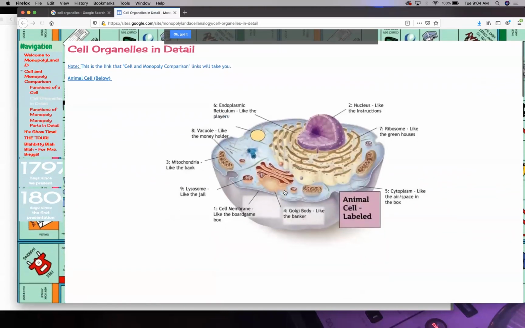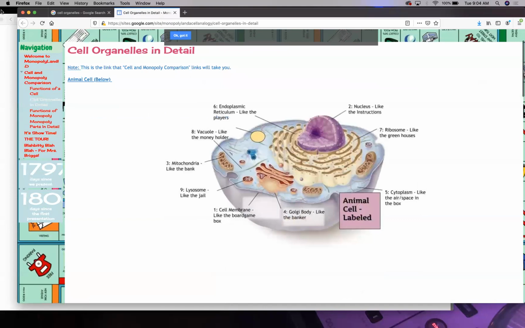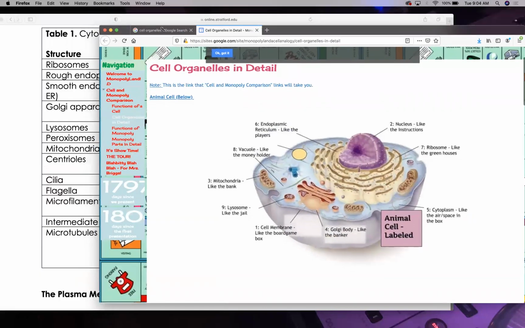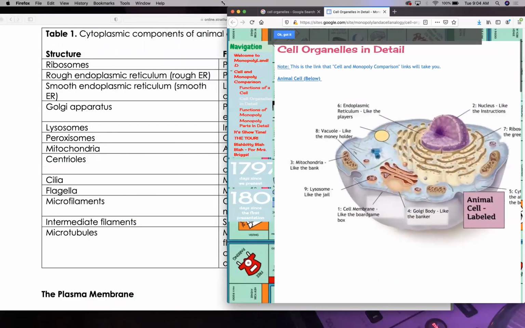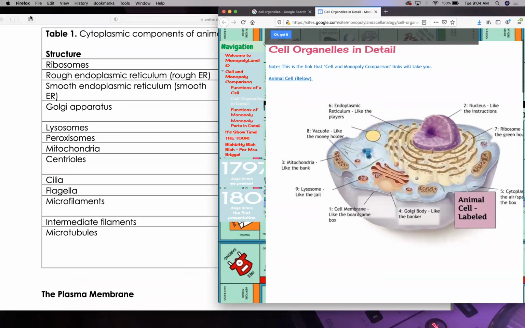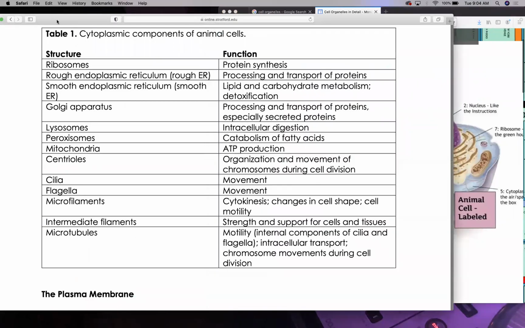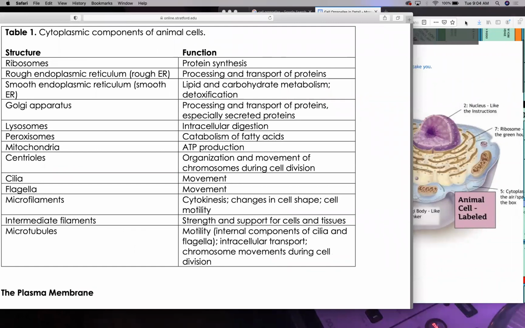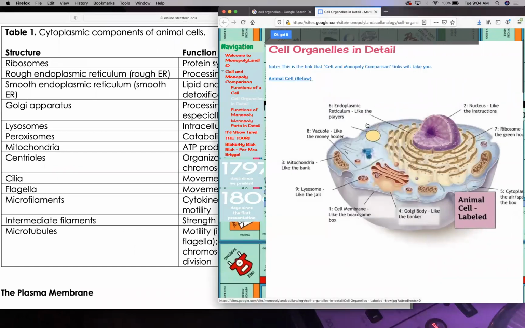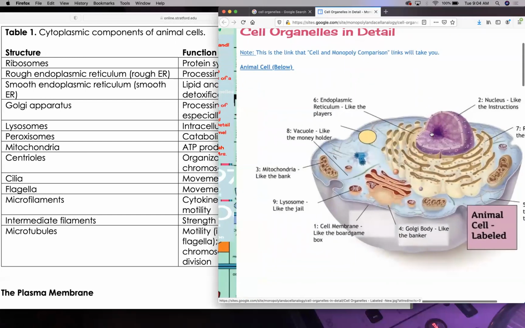This one's nice. I can take this, minimize it a little bit, so move it over. And then you have this table here. Okay, so let's start here in the middle.